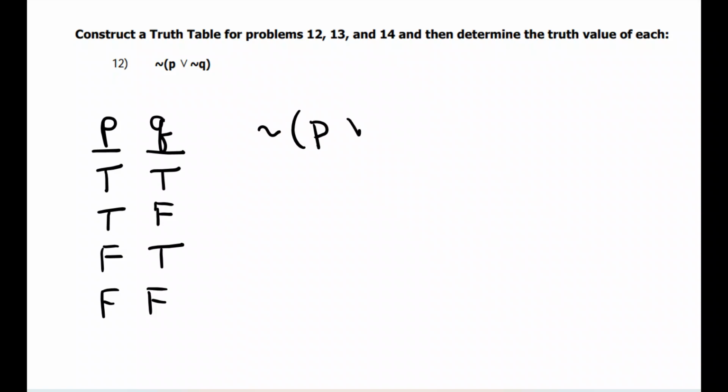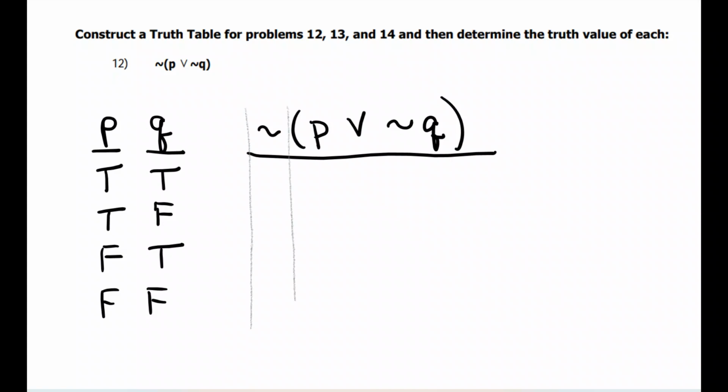All right, and then we've got this, which is what we have to do the truth table for. Okay, I'm going to draw in my columns. You need a column for the negation, a column for the P, a column for the OR, and then just go ahead and do a column for the negation of Q. Negations are fairly easy.